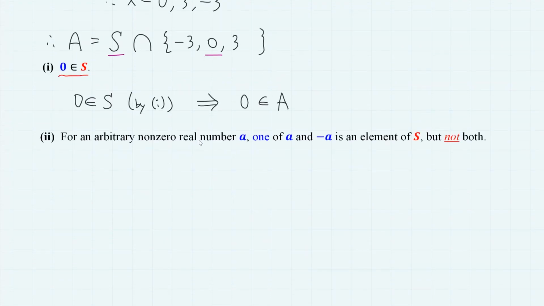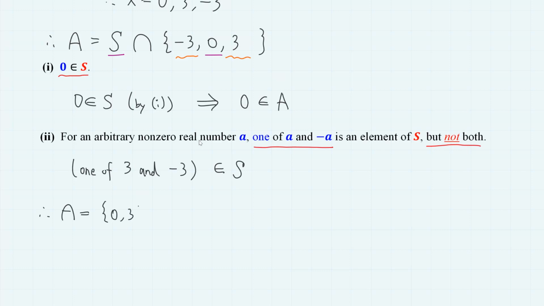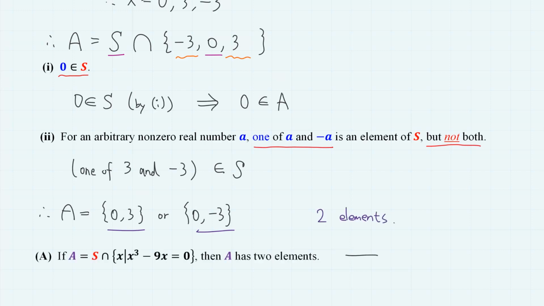It says that for an arbitrary non-zero real number A, only one of A and minus A belongs to S. Therefore, between 3 and negative 3, only one is an element of S. Therefore, A is a set having elements 0 and 3, or 0 and negative 3, and in either case, A has two elements. Therefore, we know that choice A is true.